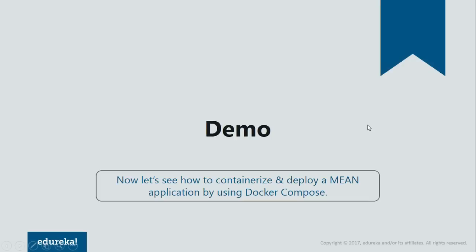So that's what I'm going to do now. Let's see how to containerize and deploy a MEAN app by using Docker Compose. Great. First of all, let me open my virtual machine.